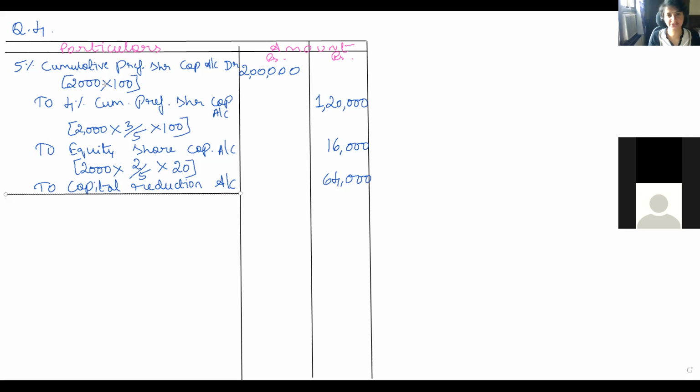What is the new thing issued and what was written off, that you have to write in the narration. So you can write like this: being 5% cumulative preference shares adjusted by issuing 4% new cumulative preference shares and equity shares. And कितना issue किया आपको लिखने की जरूरत नहीं है, because you are showing the calculation separate.